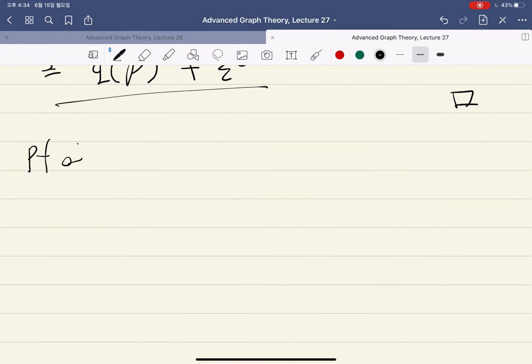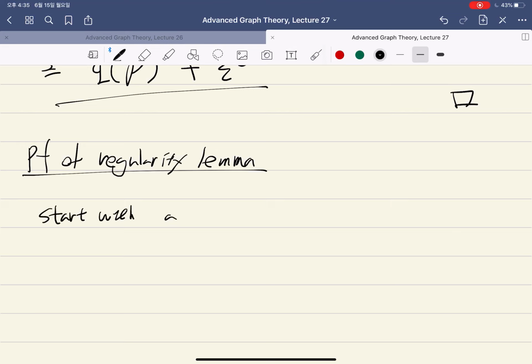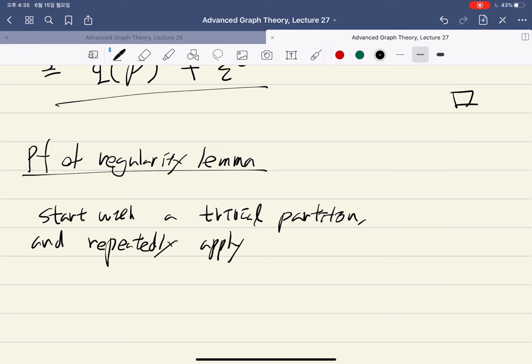Now we prove the regularity lemma. So we start with a trivial partition and repeatedly apply the previous lemma.